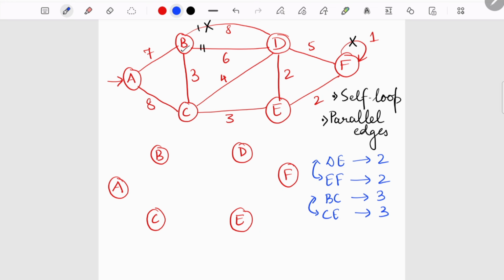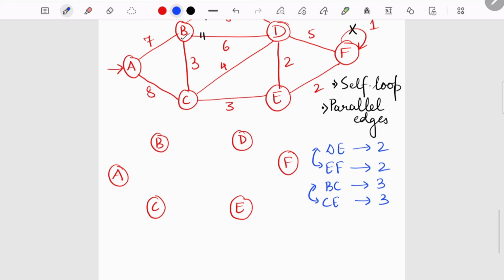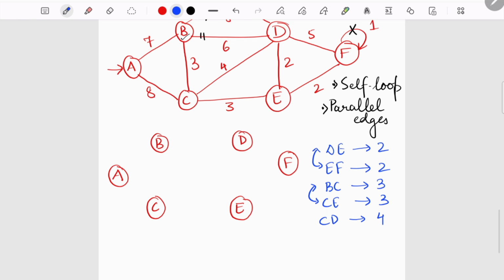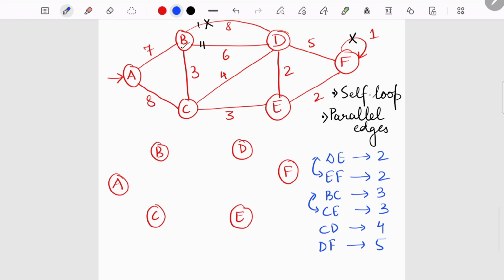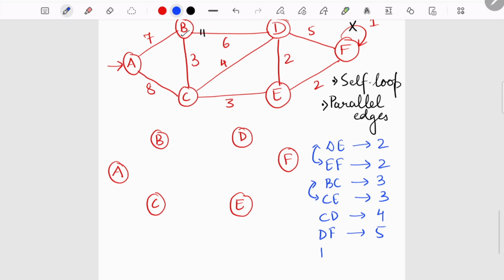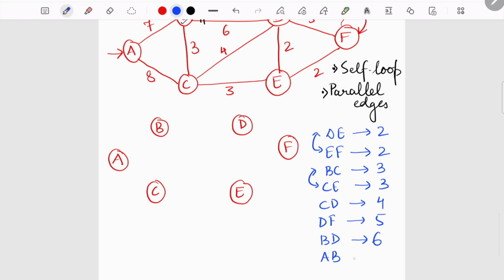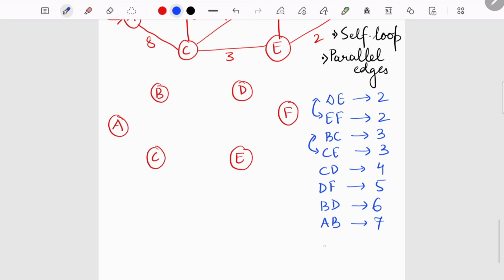Next, the edge with weight 4 is CD. After that, the edge with weight 5 is DF. Then we have BD with weight 6, then AB with weight 7, and then AC with weight 8.